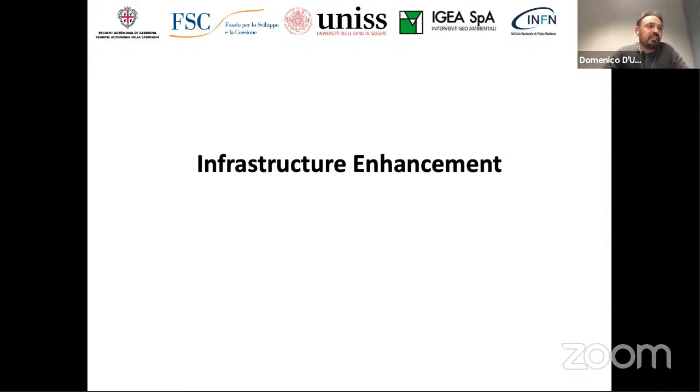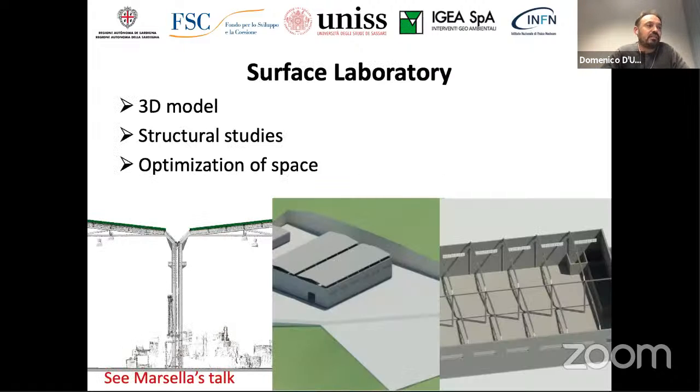The other activity is related to the enhancement of the current infrastructure, always in collaboration with the group of Marcella. You have seen in her talk that they also made a 3D model of all the structure that you have on the surface in order to optimize the available space.